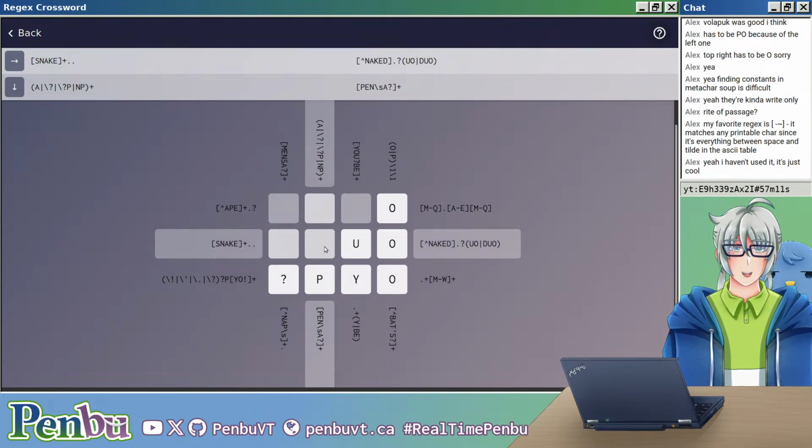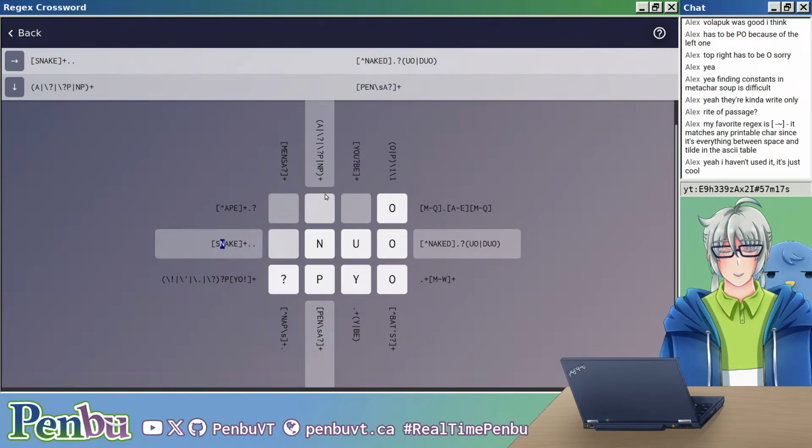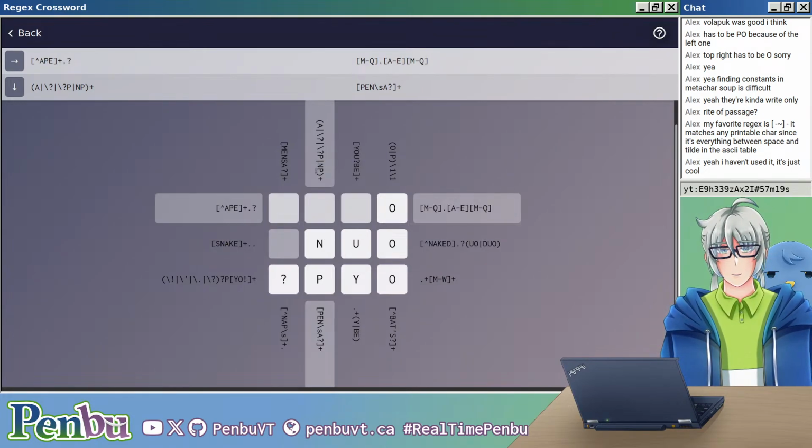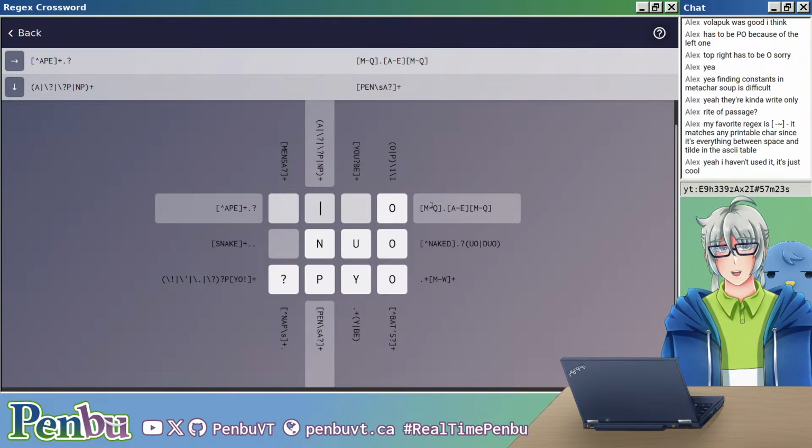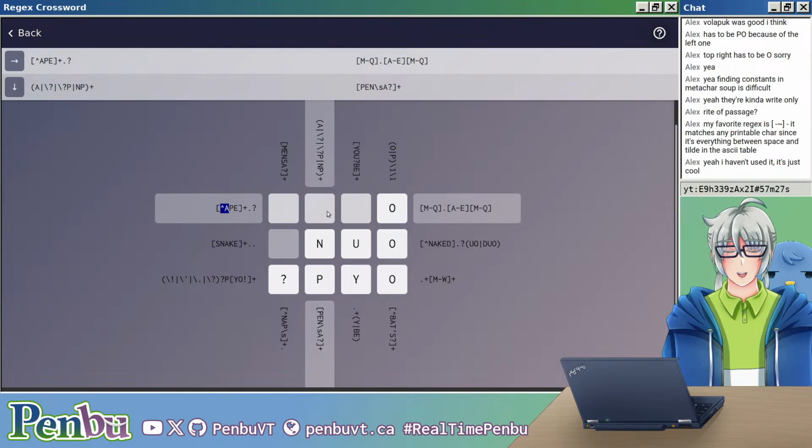So this is either a question mark or an N. I think the overlap here is N because we have snake. Which means this is either an A or a question mark. Which question mark is afforded there. Can't be an A. It can be an A, possibly.